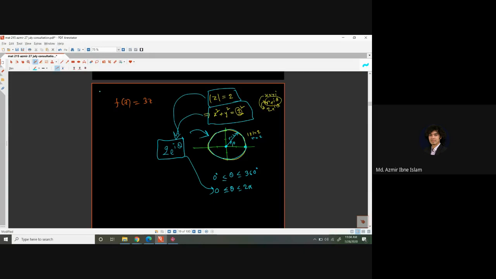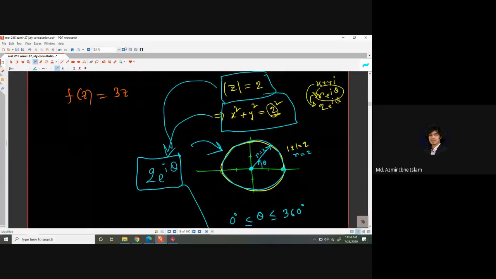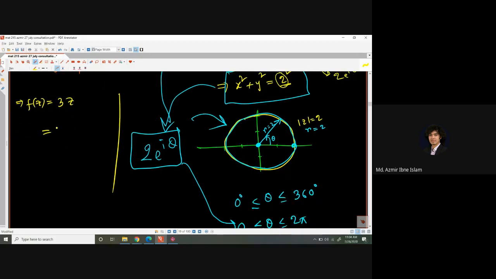Clear? So this time we can think about polar form, or we can also think about rectangular, but since I have given one example for rectangular, this time we want to figure it out by using the polar concept.